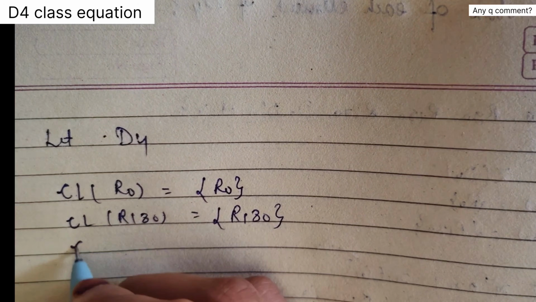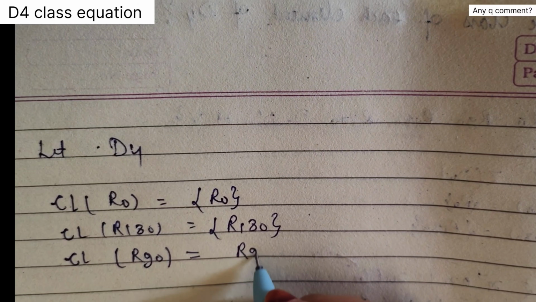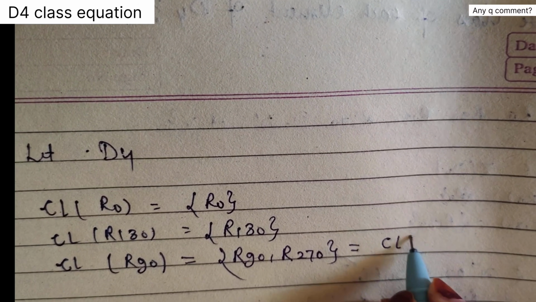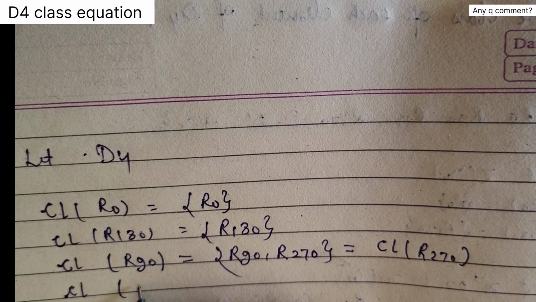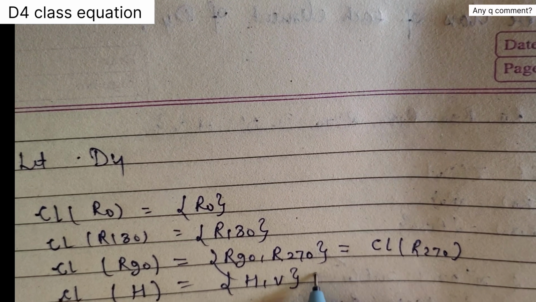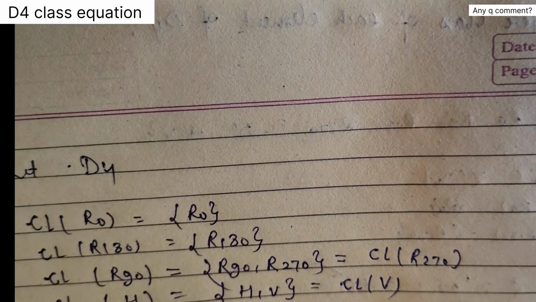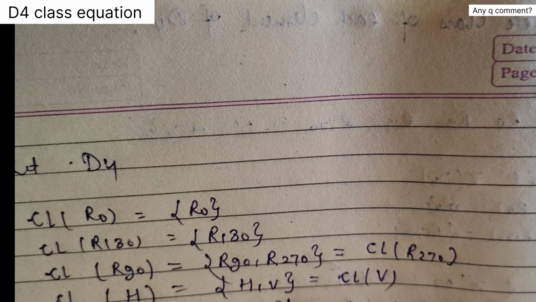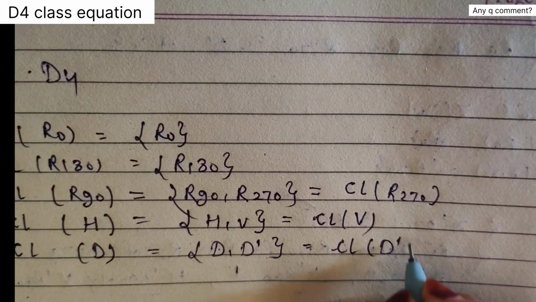Then the class of R90 equals {R90, R270}, which equals the class of R270. Similarly, the class of H equals {H, V}, which equals the class of V. Similarly, the class of D equals {D, D dash}, which equals the class of D dash.